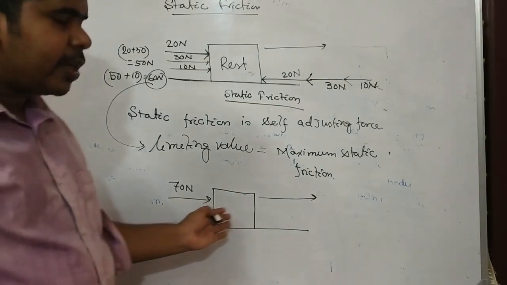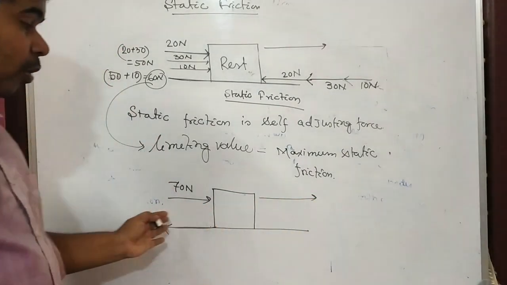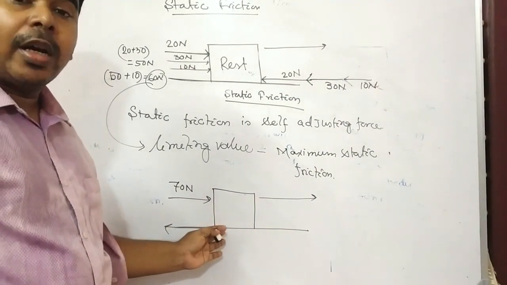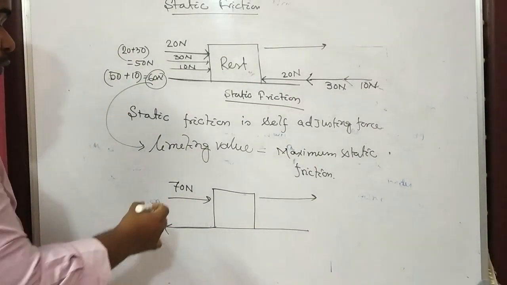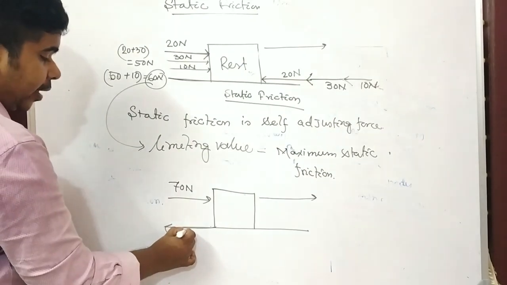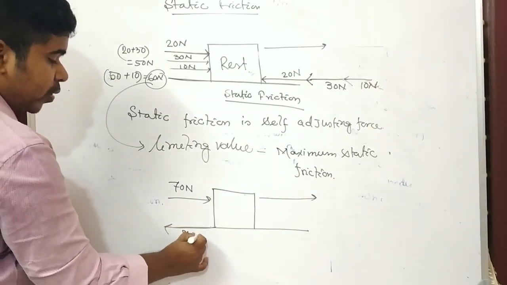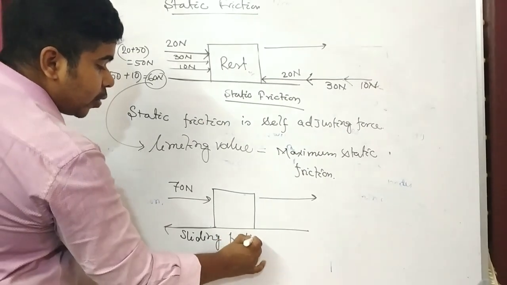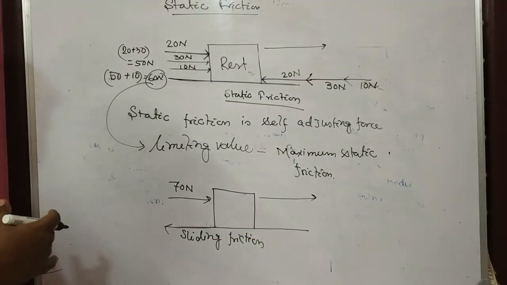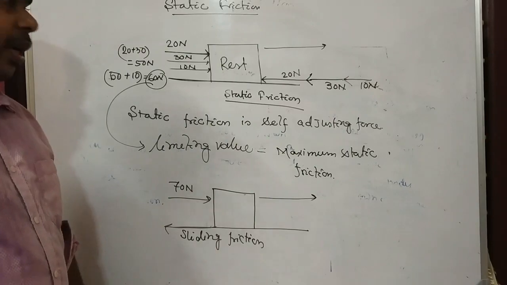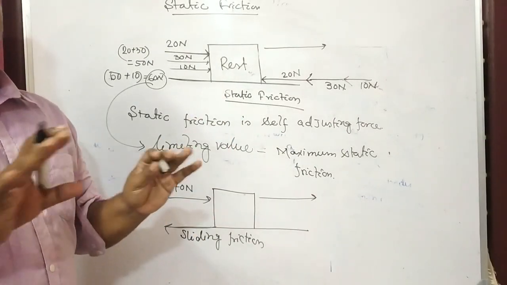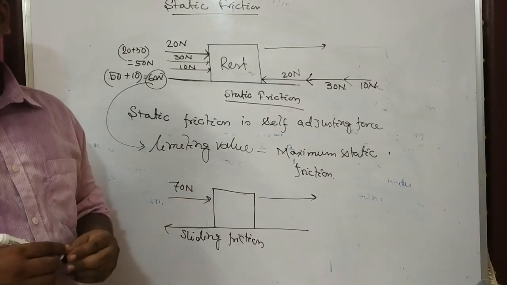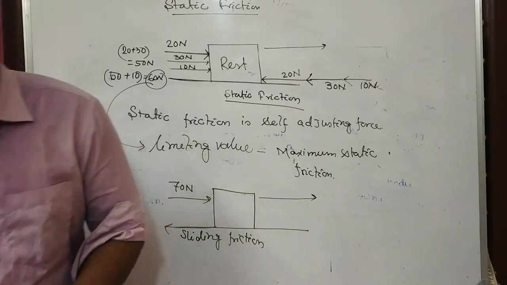And when the body is moving, sliding over a surface, the force acting in the opposite direction is known as sliding friction. At the time of sliding friction the body is moving, but at the time of static friction the body is not moving.